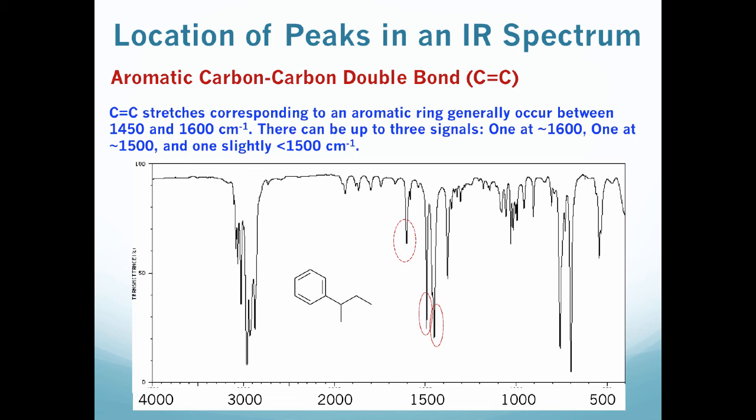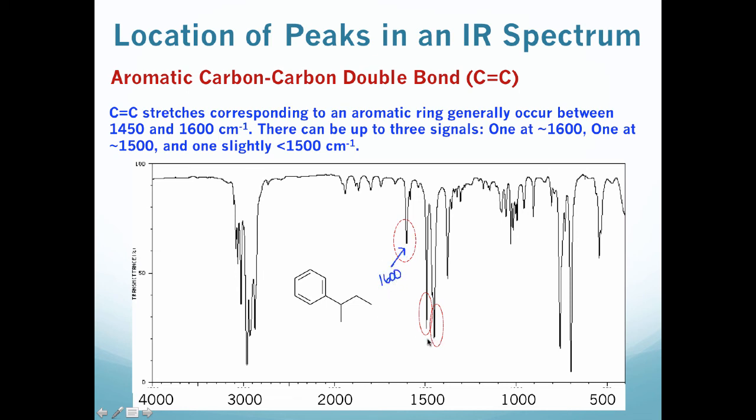We can also identify aromatic carbon-carbon double bonds pretty easily in an IR spectrum. The aromatic carbon-carbon double bonds are somewhat special, so they show up generally in 3 different regions, although you may not always see all 3 signals. But if you have an aromatic ring, these carbon-carbon double bonds will generally show up one right around 1600 wave numbers.